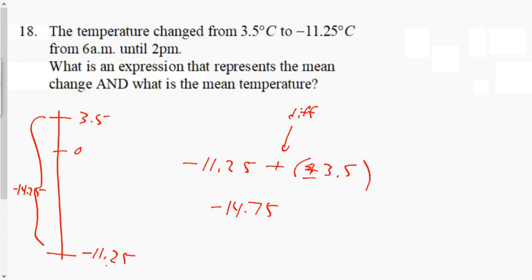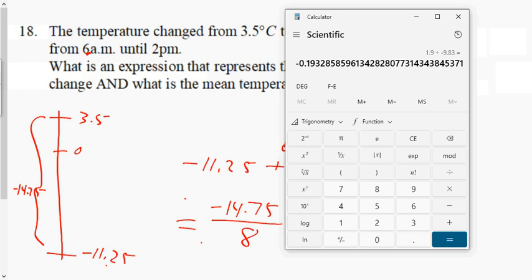And this took place over 6 to 7, 8, 9, 10, 11, 12, 1, 2, over 8 hours. So therefore, the difference in temperature divided by the number of hours equals your mean, in which case, if I grab my calculator and say, what is 14.75 divided by 8?